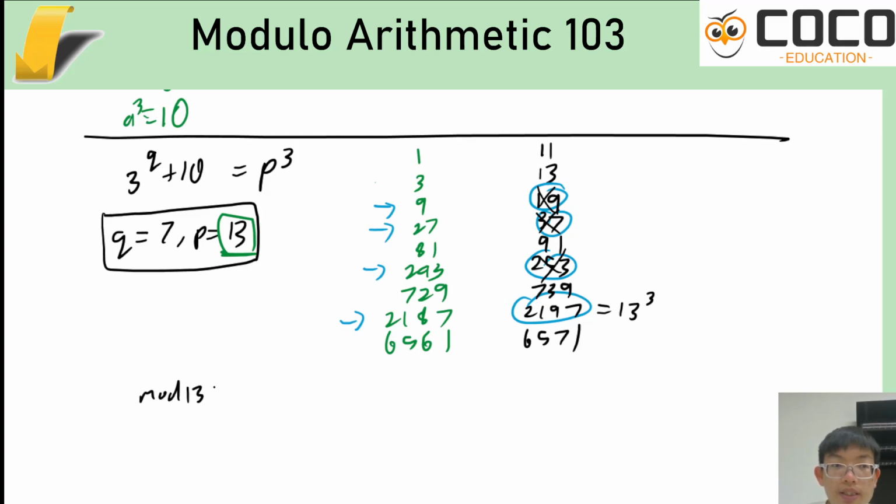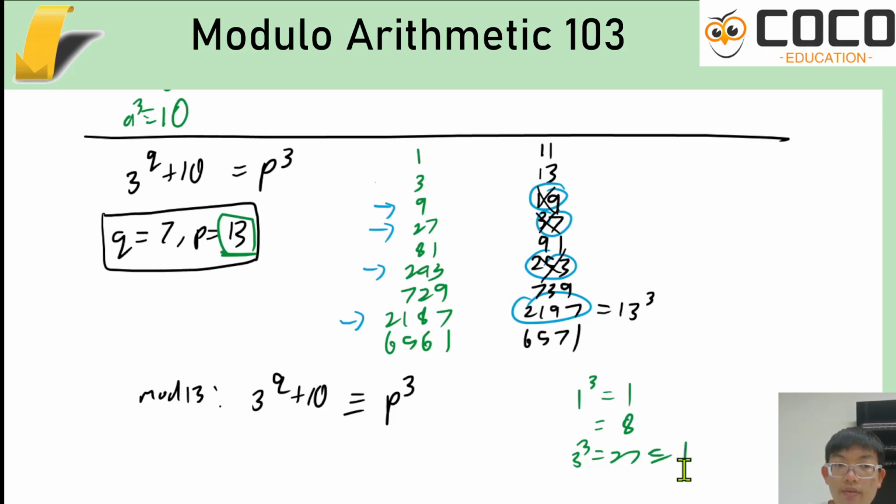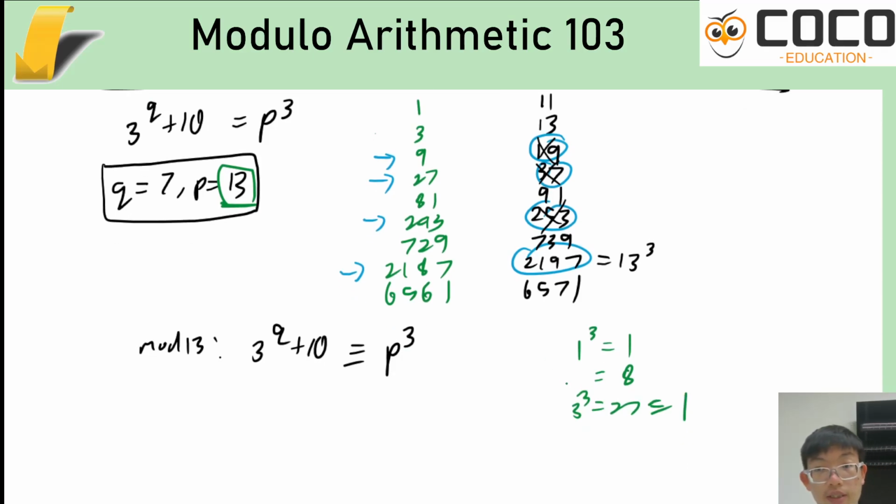Now, in mod 13, I looked at this P equals 13, which is 0, but what else is there mod 13? So 1, 8, 27 is also 1, which is interesting.